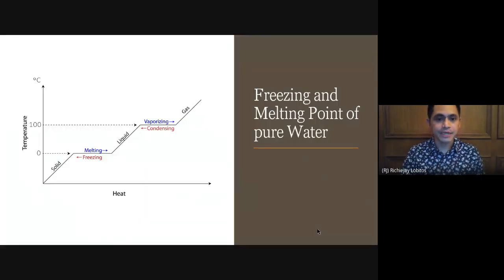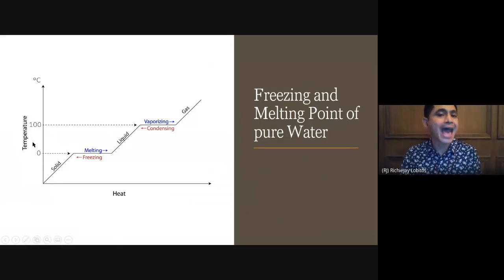Now this graph in here shows a relationship between the temperature and the heat. As I have mentioned a while ago, melting and freezing is about gaining and losing heat. So the heat and the temperature have a directly proportional relationship. When the amount of heat increases, the temperature increases.